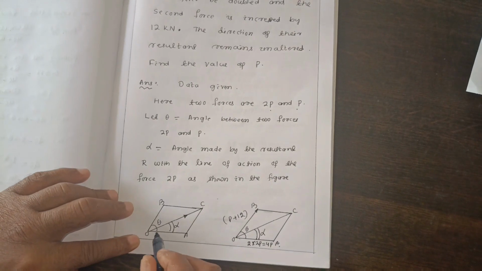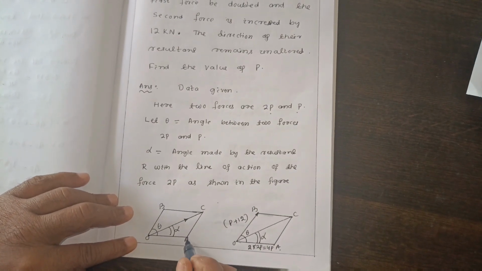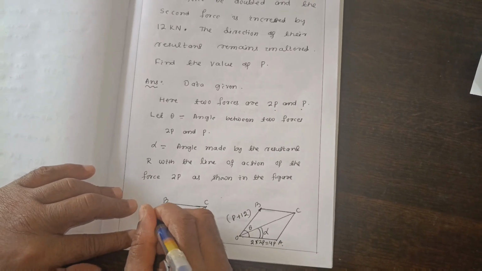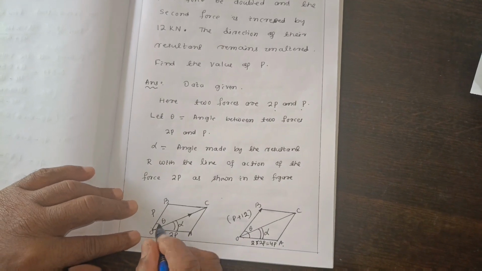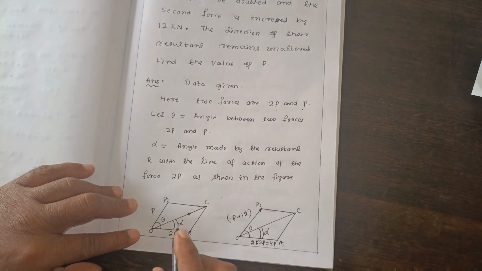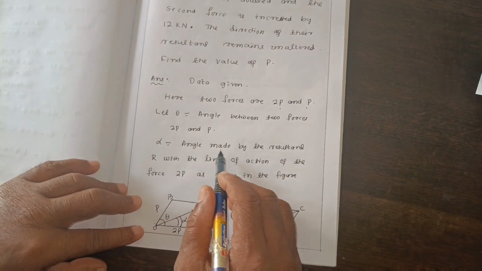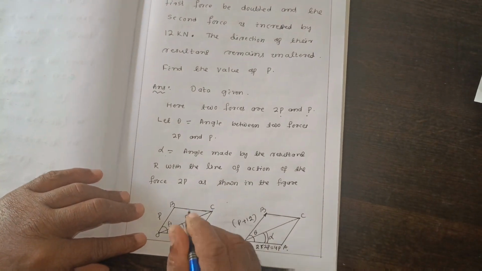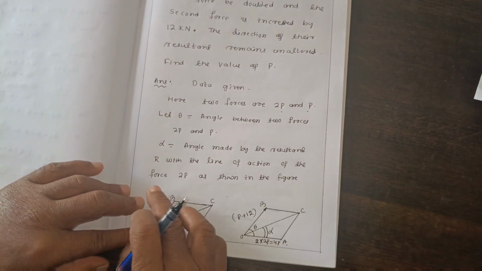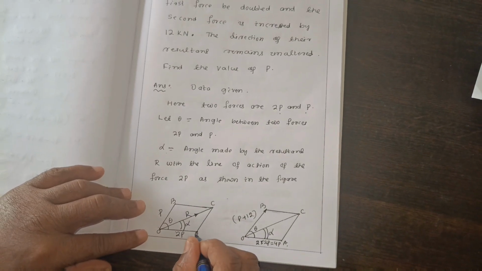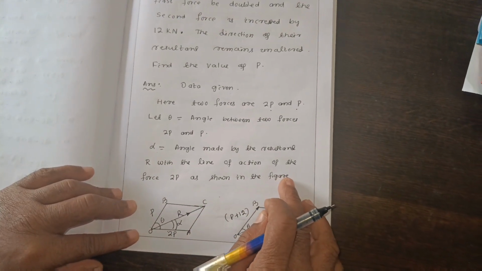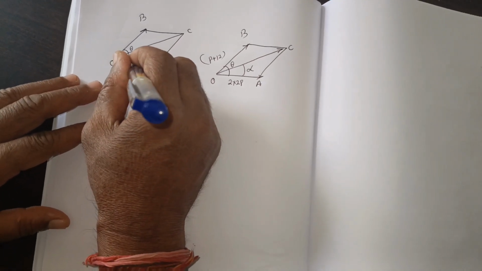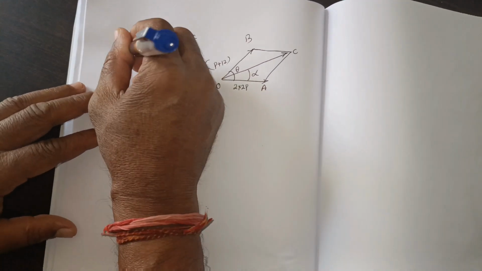From this figure, OA is equal to 2p, OB is equal to p, and theta is the angle between them. Then alpha is the angle made by the resultant R with the line of action of the force 2p, as shown in the figure.